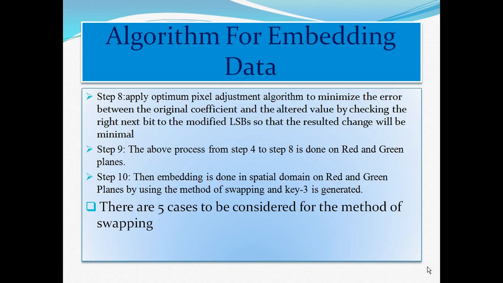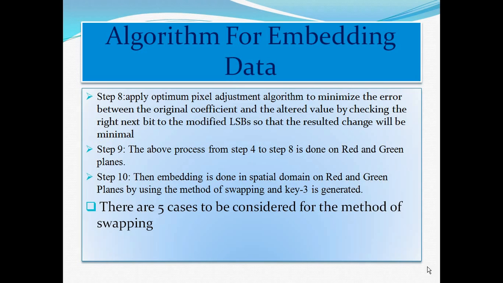The second case: if the left pixel is less than the right pixel and the message is 1, then swapping should be done. If the left pixel is greater than the right pixel and the message is 0, then no swapping. If the left pixel is less than the right pixel and the message is 0, then there is no swapping. And if they are the same, then no embedding is done.